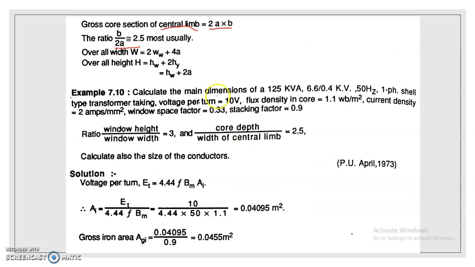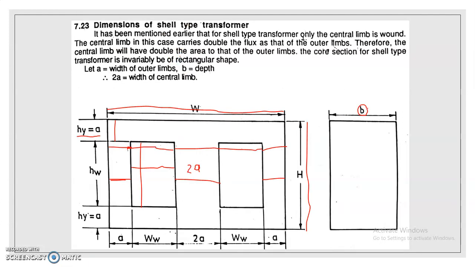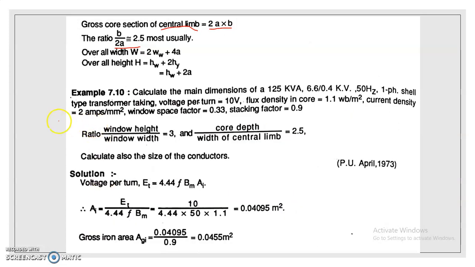So you have to take the sum of 2 times WW and 4 times A. Like that, capital H can also be defined here. You can see HY plus HW plus HY, that is 2 times HY plus HW, or 2 times A plus HW.